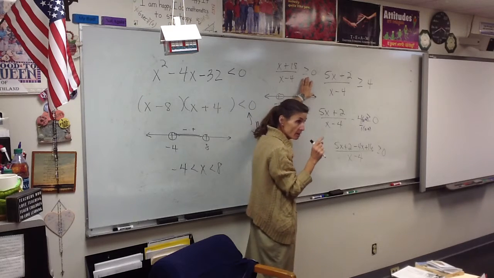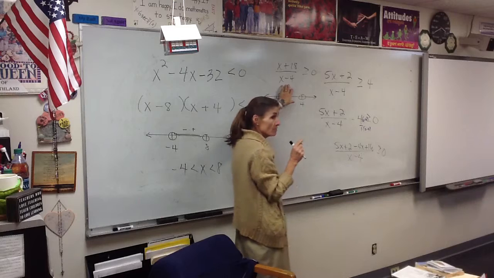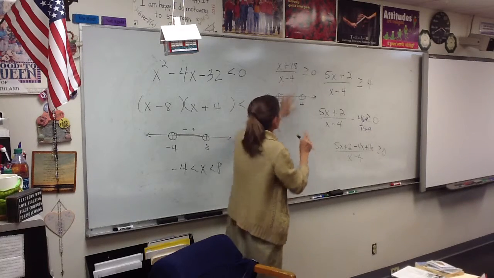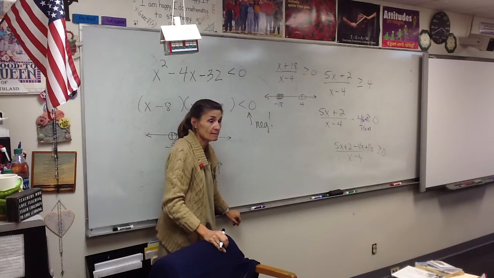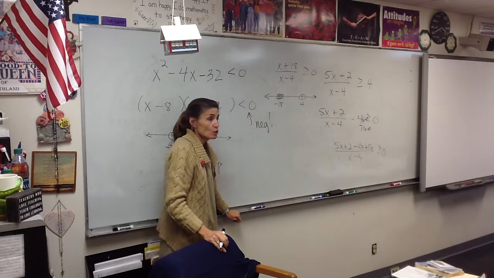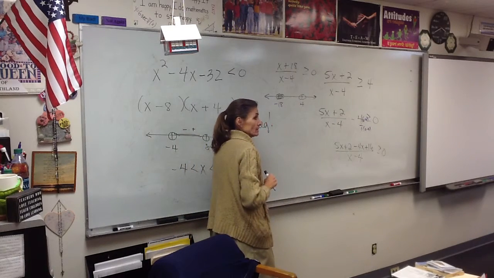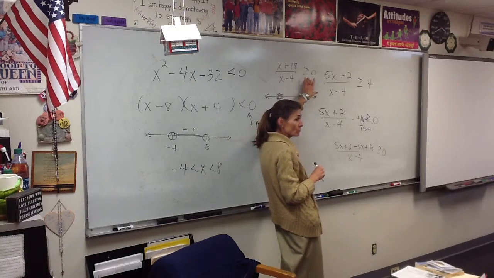And you should color in the dots, unless it's a dot from the denominator. That never gets colored in. So the only dot that's going to get colored in is the -18. You can't let x equal 4. So you cannot color that dot in, even though it's an 'or equal to'.